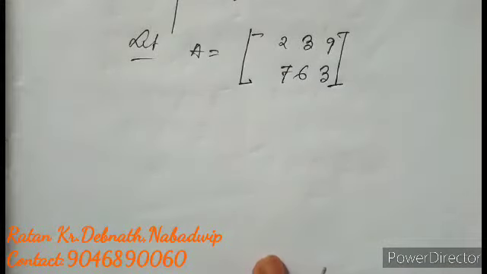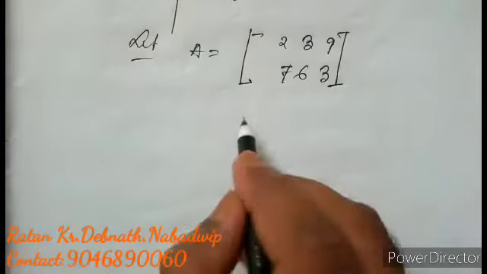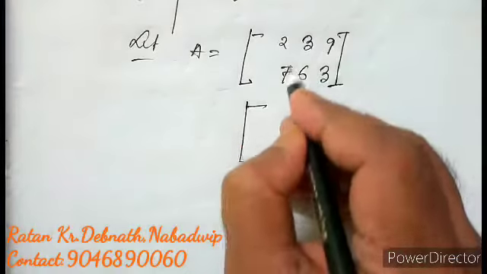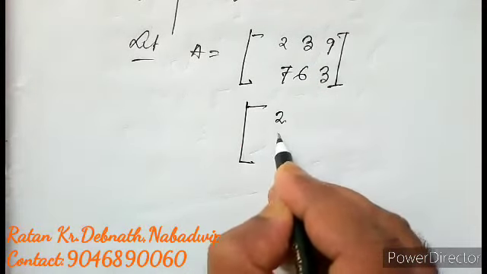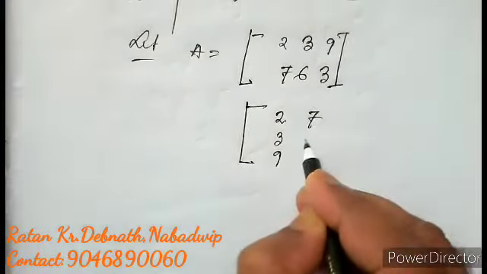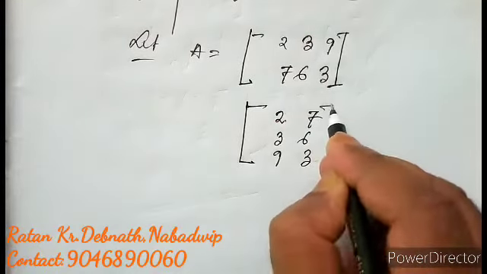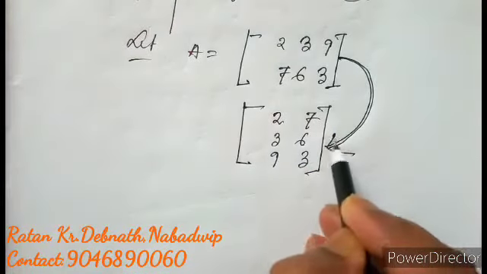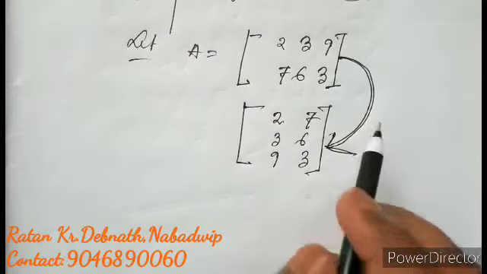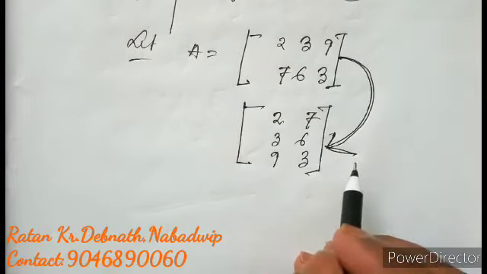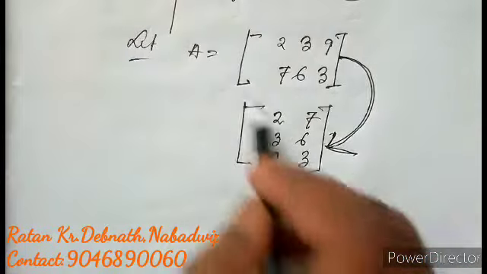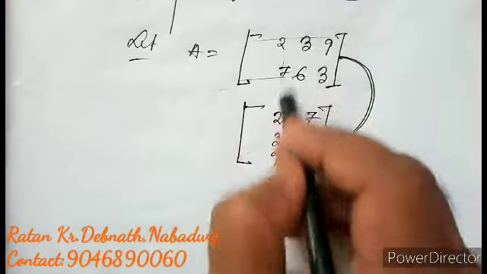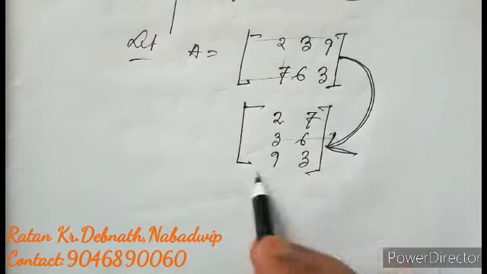I am writing another matrix by interchanging its rows into columns and columns into rows. That is 2, 3, 9, 7, 6, 3. Matrix A is converted into another matrix by changing its rows into columns and columns into rows.